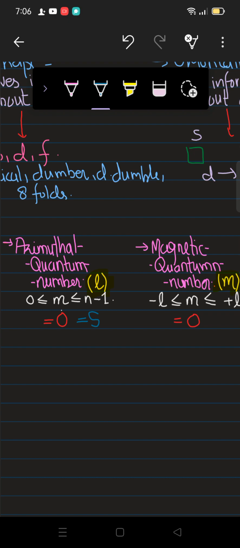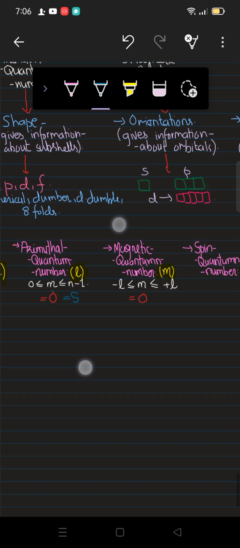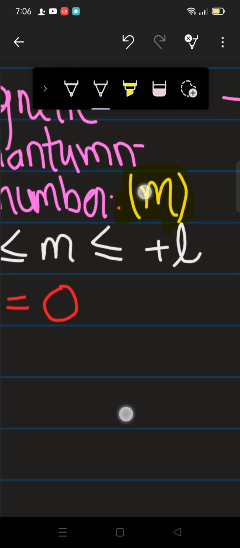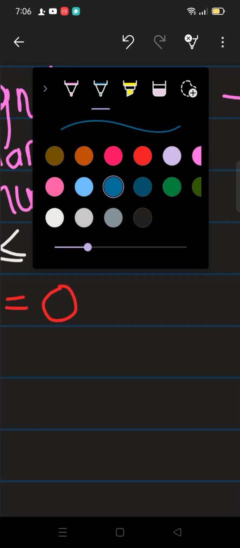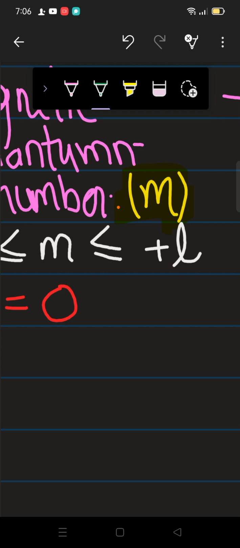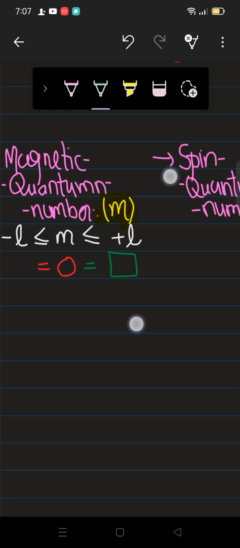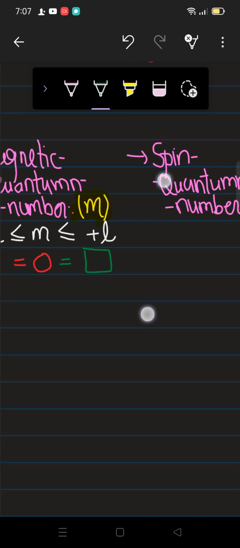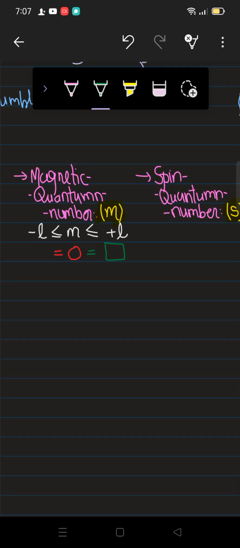If the azimuthal quantum number is 0, there would be an S spherical shape. Now the magnetic quantum number here is 0, which tells us about the orientations, so there would be only one orientation because the value is 0. And we are going to take only 2 electrons, because one orbital is going to have 2 electrons in it.